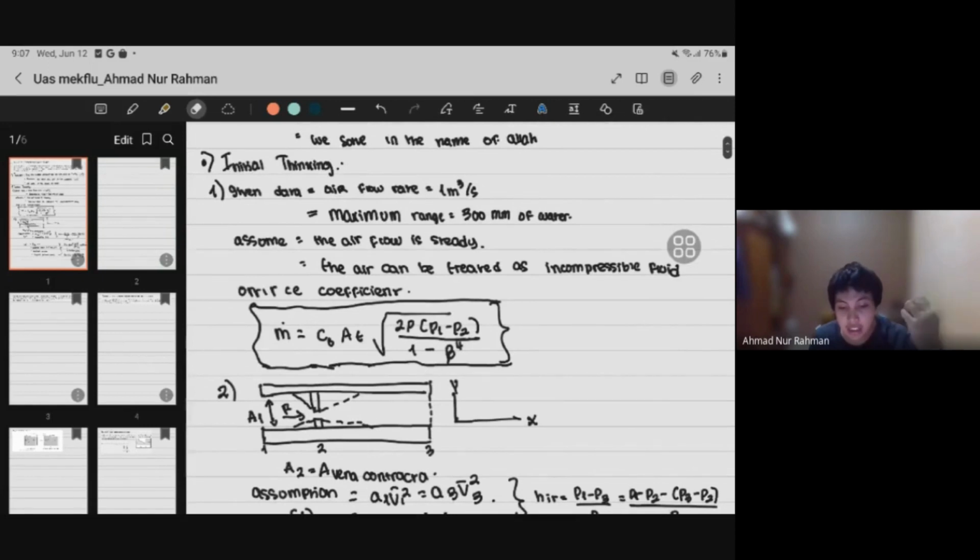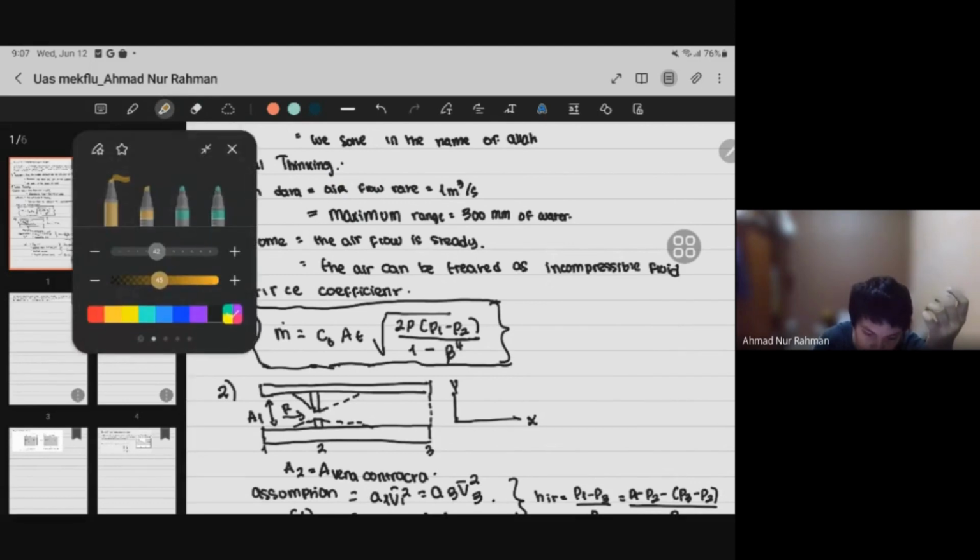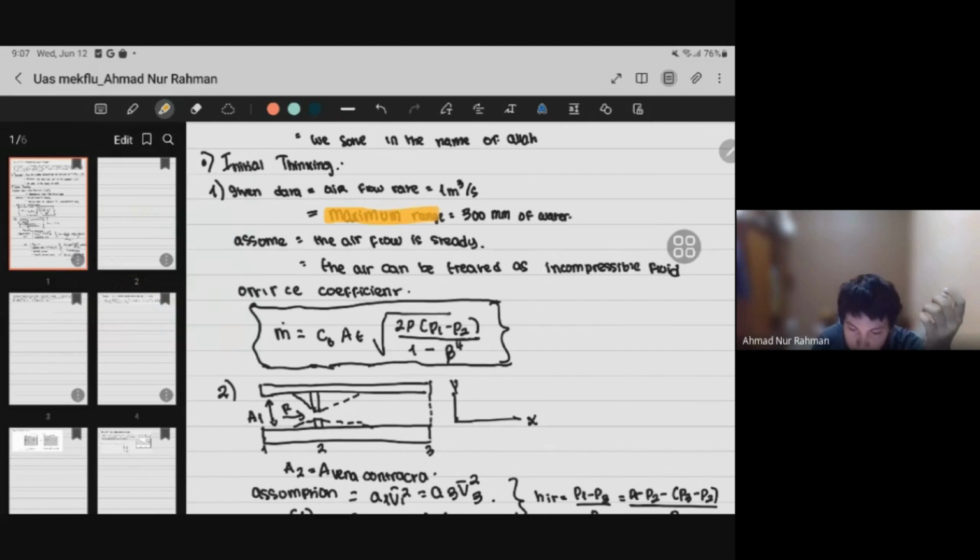The given data: airflow rate is 1 cubic meter per second, and the maximum range is 300 millimeter of water.